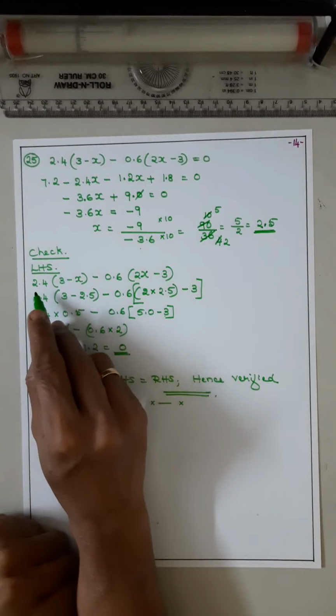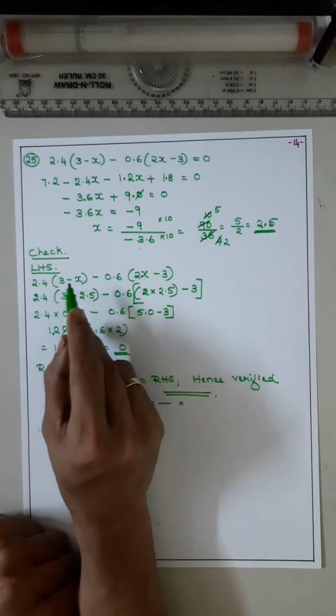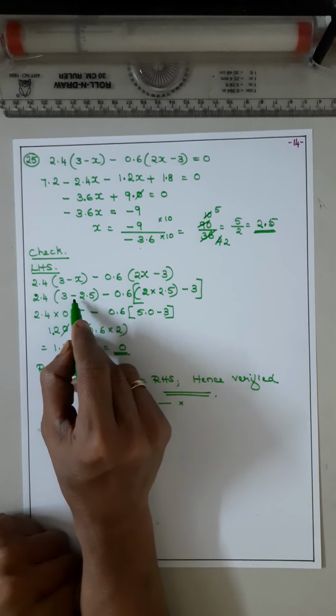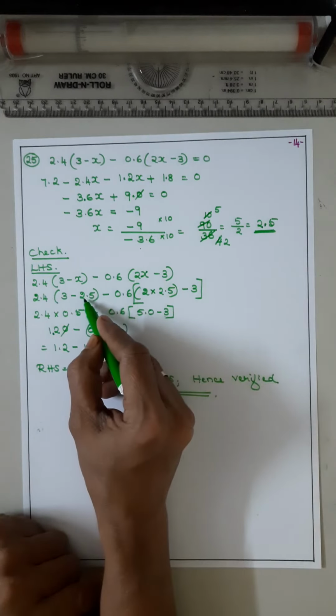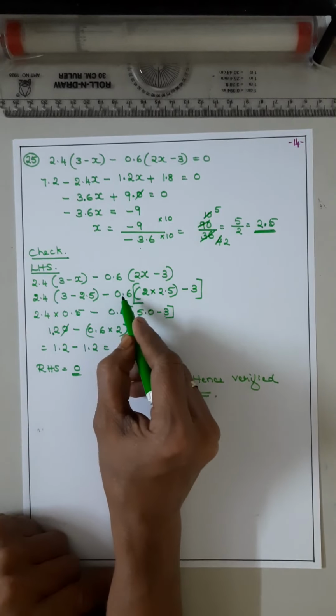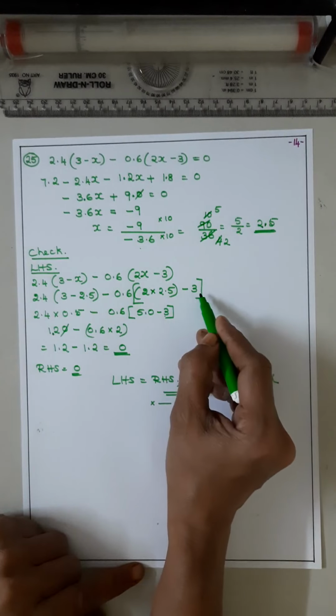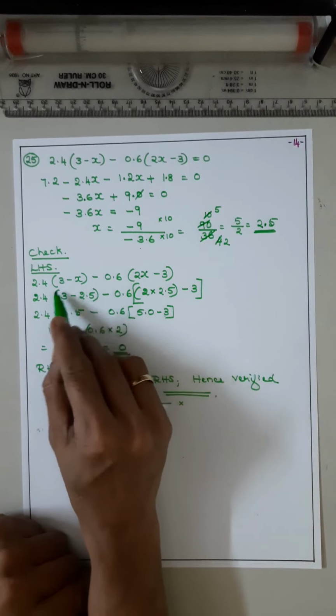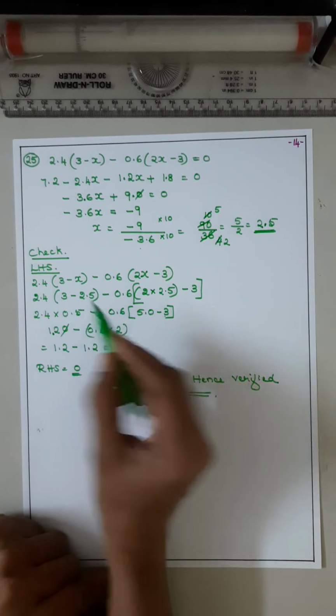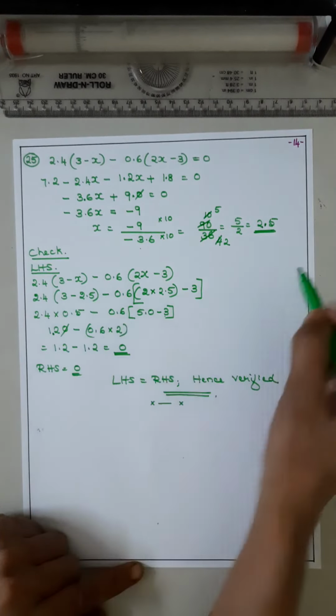So here 2.4 into 3 minus 2.5, put it here, minus 0.6, 2 into 2.5 minus 3. So when you solve this, 3 minus 2.5, 3 means 3.0, isn't it? 10 minus 5 will be 5, 2 minus 2 will be 0. So 0.5.